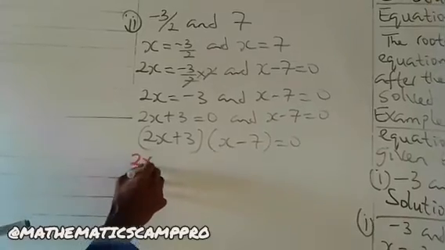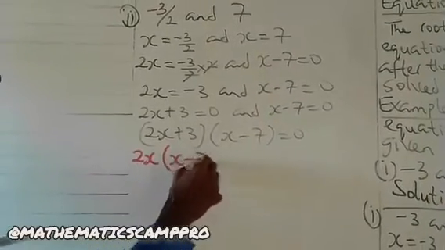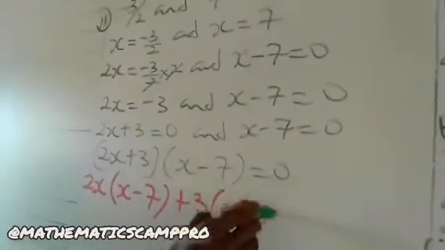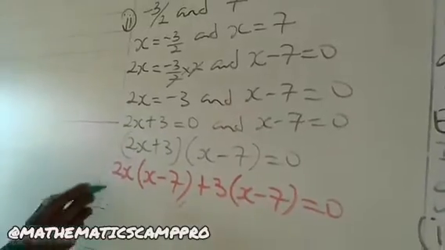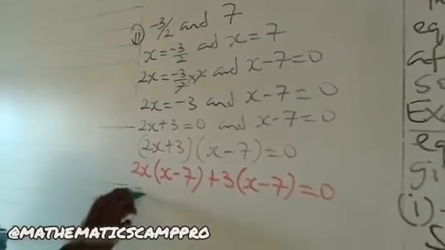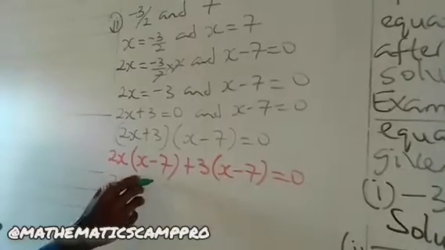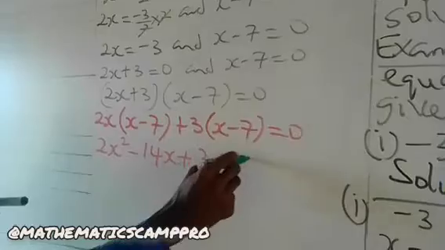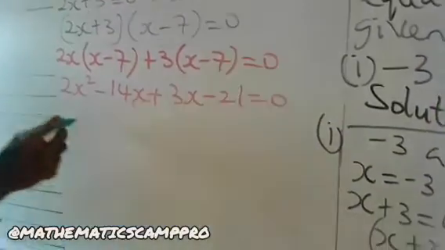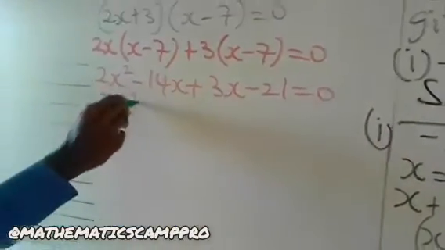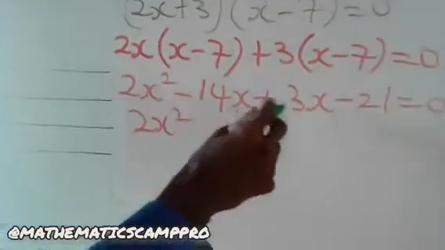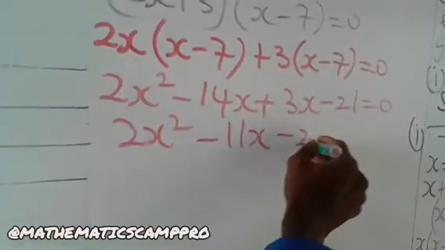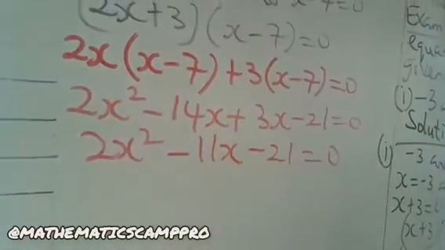We have 2x, x minus 7 plus 3, x minus 7 equals 0. 2x times x, that is 2x squared minus 14x plus 3x minus 21 equals 0. Now we have 2x squared minus 14x plus 3x. We are going to have minus 11x minus 21 equals 0.